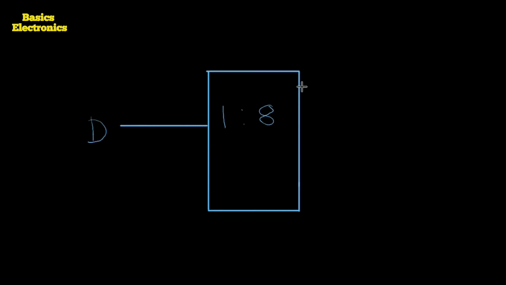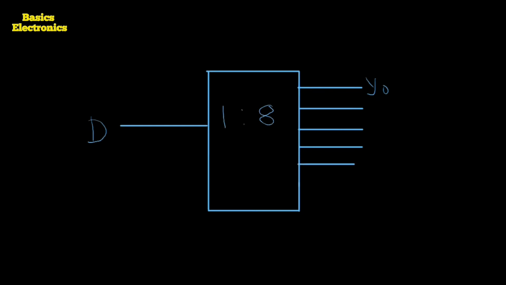The 8 output lines are there. It means the first line is the Y0 line. So here is the line, that is Y0. Then the second line is the Y1 line. Third line is Y2. Fourth one is Y3.